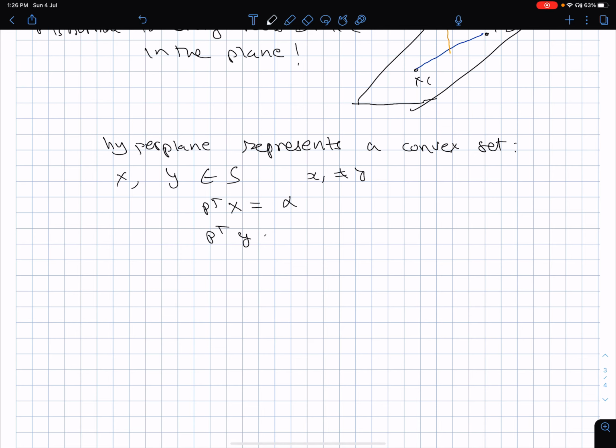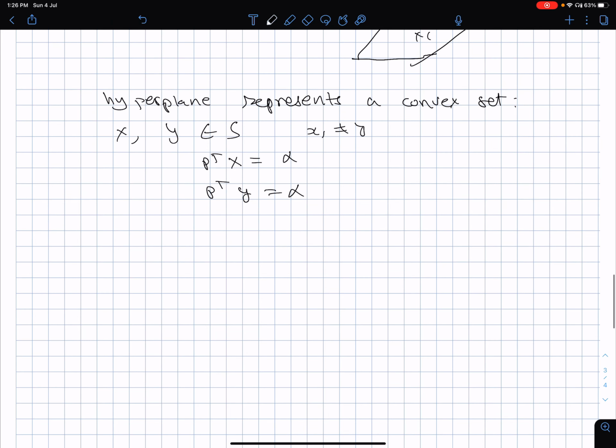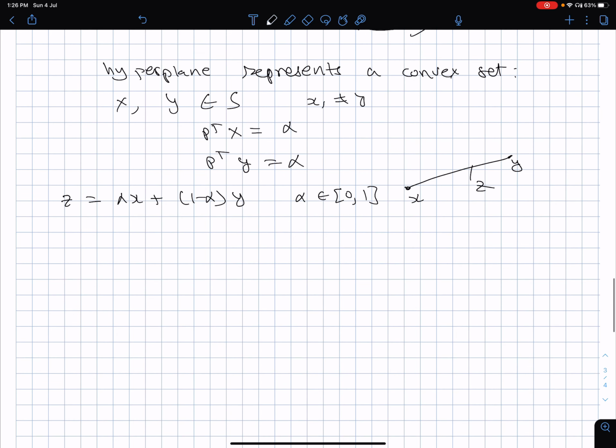Okay, now what should we be looking at? We should be looking at convex combination of x and y. So let us say take a point z which is a convex combination of x and y. So where does the alpha come from? Alpha comes from the closed interval between 0 and 1.